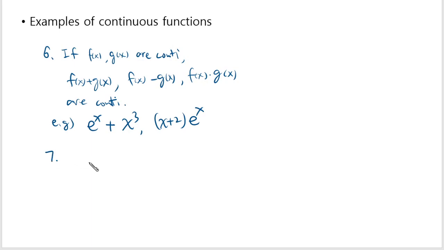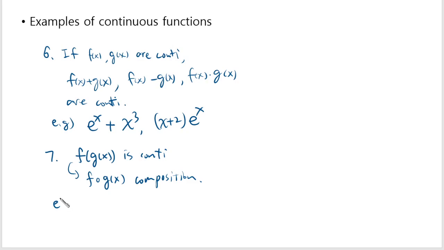Number 7, you can also compose, so we're still assuming that f and g are continuous. f of g of x is continuous. Now, this is often written as f circle g of x, and it's called a composition. An example of such would be e to the 3x minus 5 or whatever, okay?